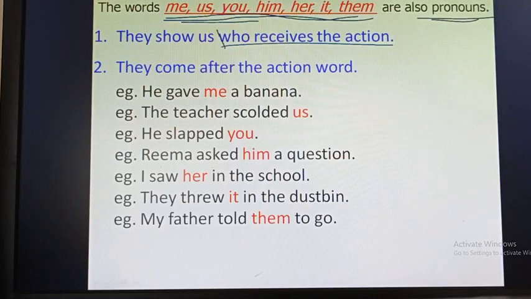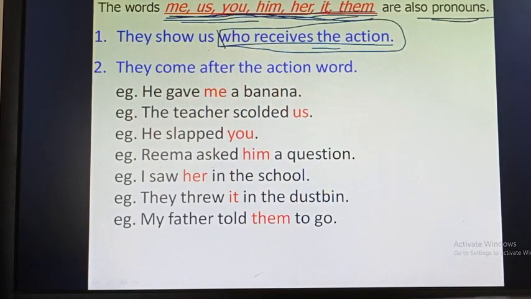Number two, remember, they come after the action word. What is the action word? The action word is the verb. So remember, these accusative case pronouns, me, us, you, him, her, it, them, come after the action word. Look at the examples now.